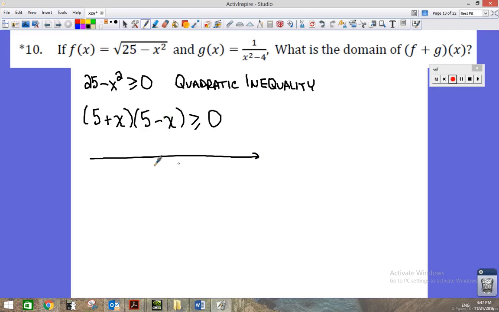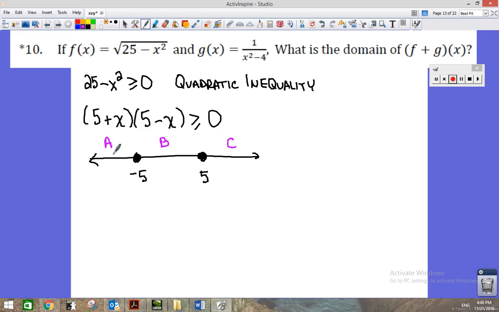These negative 5 and positive 5, they will often be referred to as critical points, or maybe boundary points, because they're going to take my real number line and divide that real number line into 3 sections. And I could call it sections 1, 2, and 3, or what I'm going to do is just call it section A, section B, and section C. You can call it any 3 names that you want.